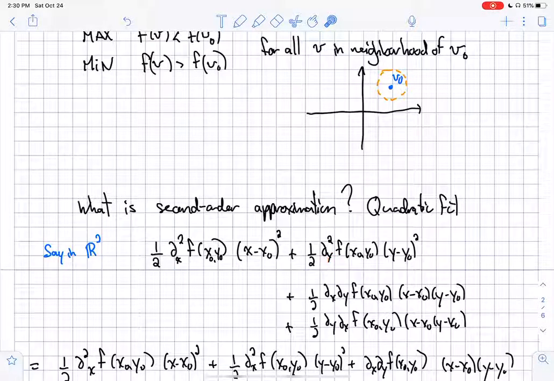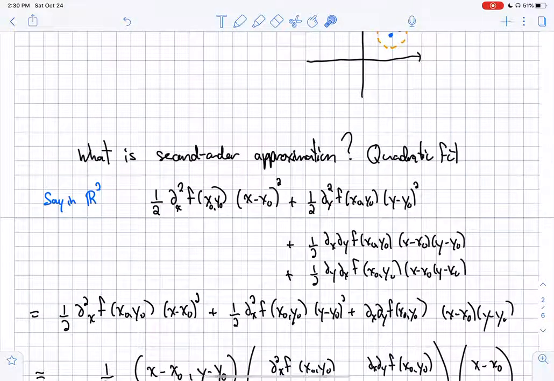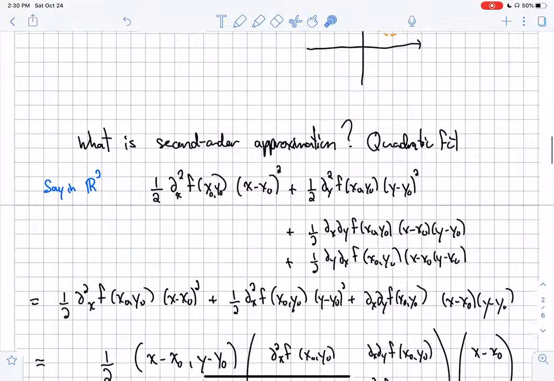But on top of that, I have two mixed derivatives, okay? So I add the term 1/2 del x del y and del y del x, and now instead of a square, it's the product of x minus x0, y minus y0. So that's, by analogy with 1D, putting in all the second order derivatives that we know.